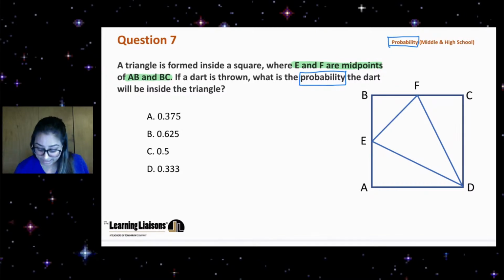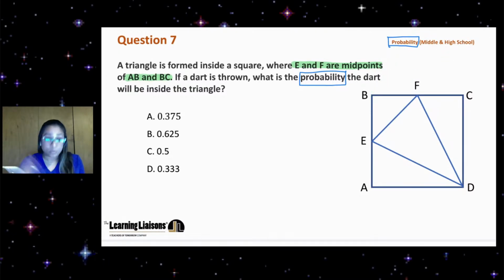It means that E and F are exactly in the middle, the midpoint of those sides. So whatever the whole side length is, this part will be half and this part will be half to make up the whole, right? Same thing on the other side. So that's what they're telling us, but we don't have any numbers to work with.